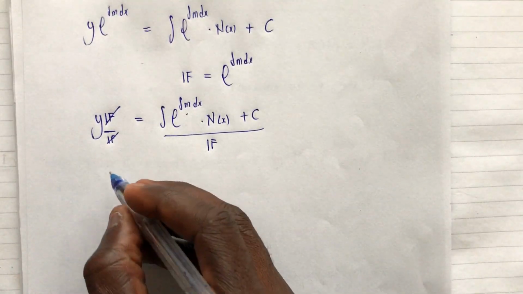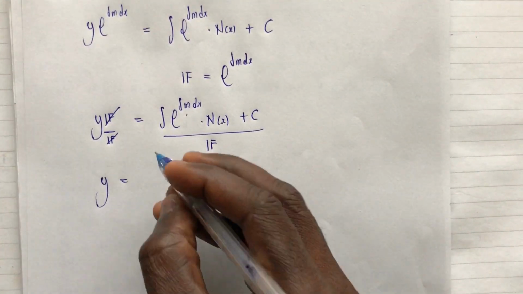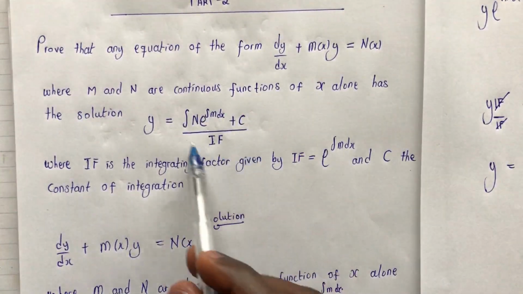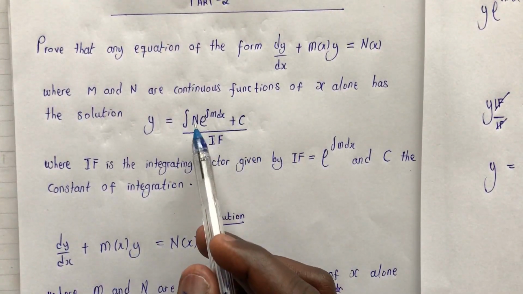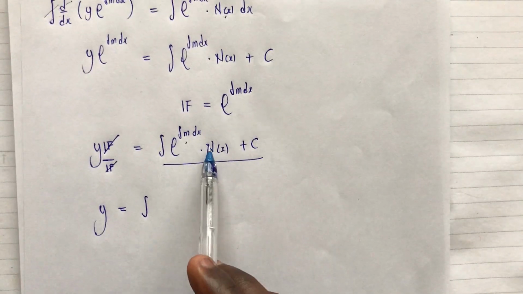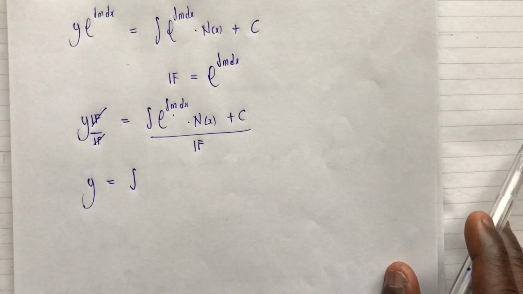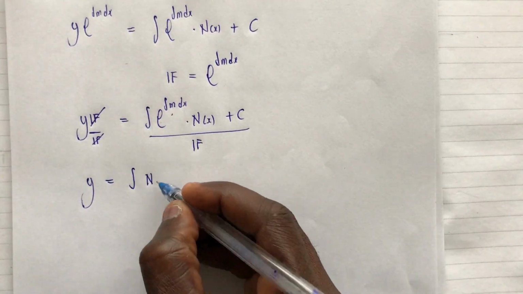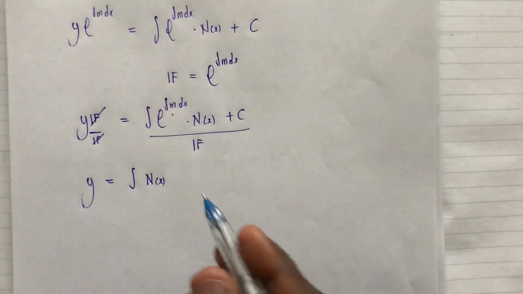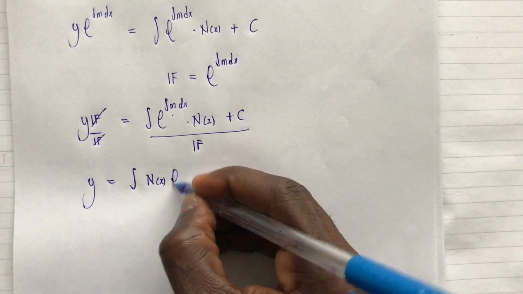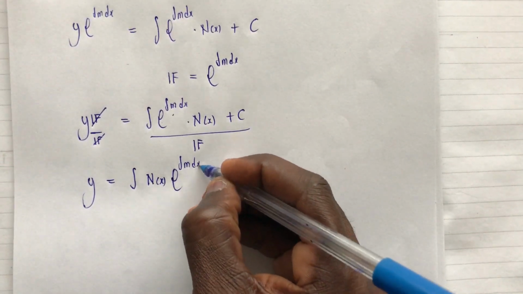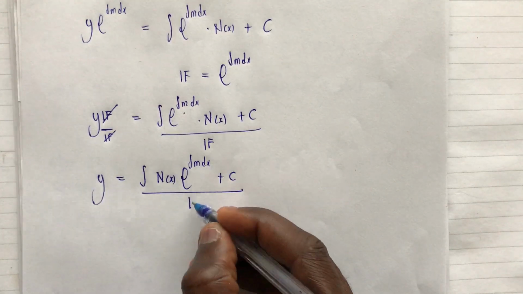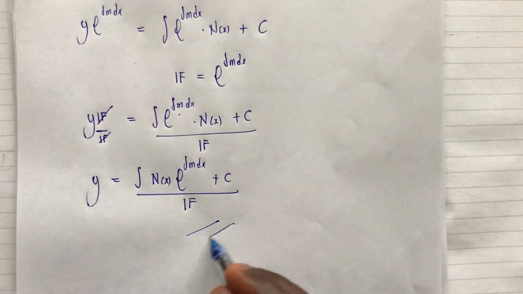So we can rewrite this as y equals the integral. Now let's look at the original question. This is what they are asking us to do. So n comes first because n and this are multiplying, and multiplication is commutative. So I can write this as n(x) times e to the integral of m dx plus c, all over IF as your integrating factor.